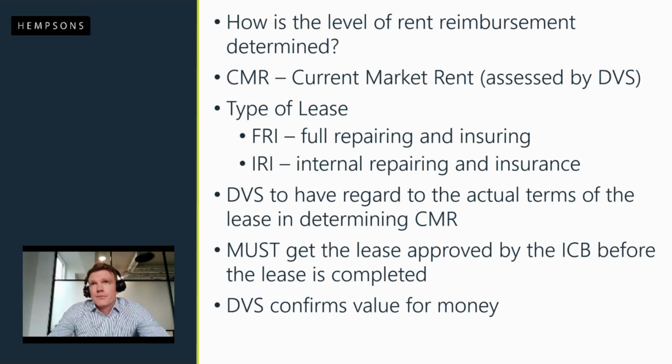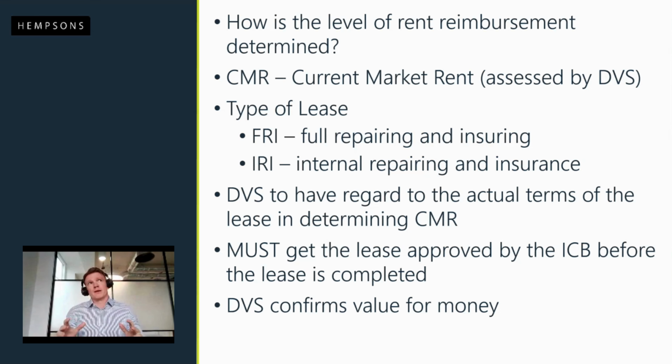And let's say the DV says the CMR here is £28,000, then that is the amount that would be reimbursed. So you can see in that example, there would be a potential £2,000 shortfall.